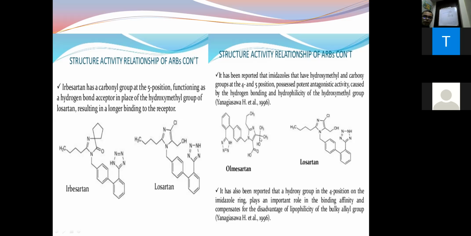It was reported that the hydroxy group in the 4th position on the imidazole plays an important role in binding and compensates for the disadvantage of the lipophilicity of the bulky alkyl group. It was found that the OH favored antagonist activity. So this was the difference between olmesartan and losartan.